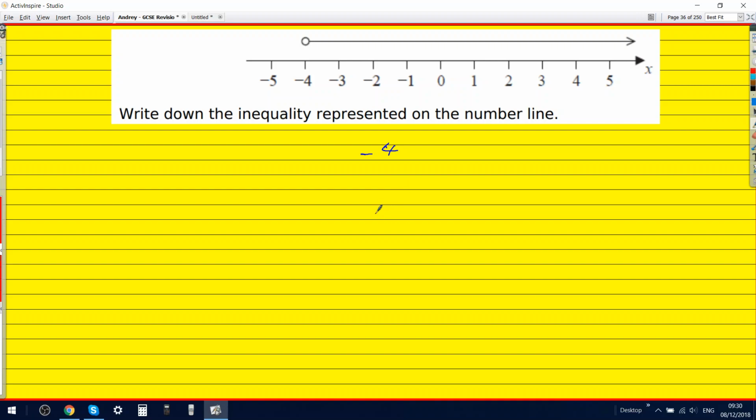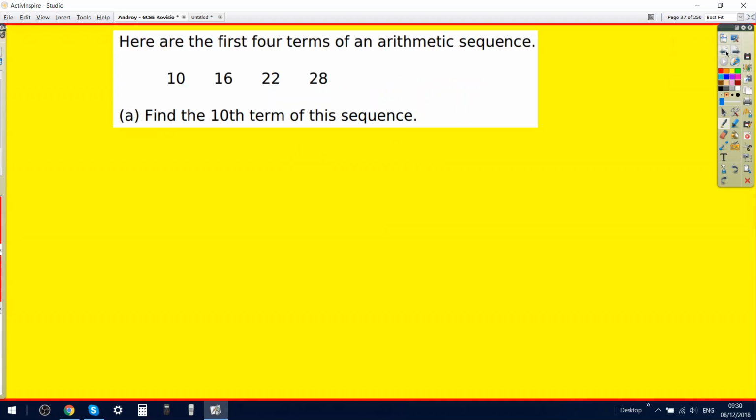Is it greater or equal to x? If it was a filled in circle, it would be or equal to. It's unfilled, so it's just greater than. Oh. And so it's x is greater than -4. Okay. Alright. We'll see that one more another time.